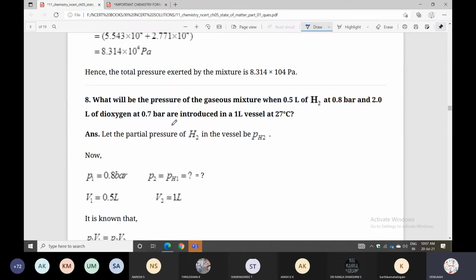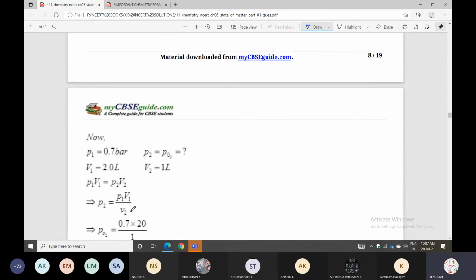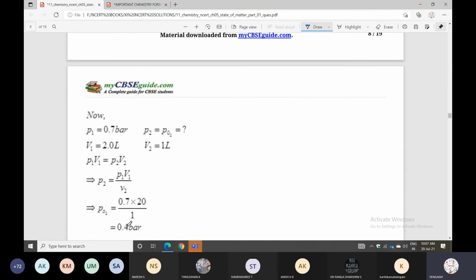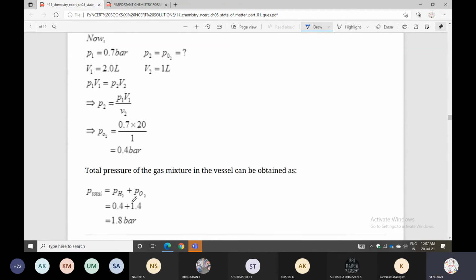P1 is given, P2 not given, V1 is given, V2 is given. So according to Boyle's law, you can substitute. More number of questions will be based on Boyle's law. Yeah, same model. If you know individual pressure of H2 and pressure of O2, then you can go for the P total. P total equal to sum of the partial pressures.